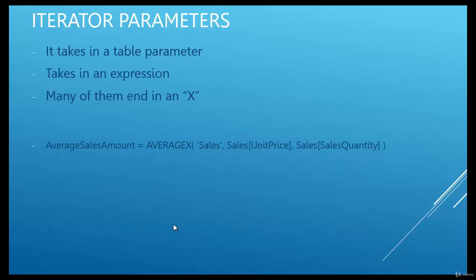Now let's discuss this: average of sales amount. Here we are using an iterator, AVERAGEX, where Sales is the sales table. We are taking the sales table, and this is the evaluation expression. So the engine is going to evaluate this expression row by row for this selected table, and once it does this, it is going to average the sales amount.